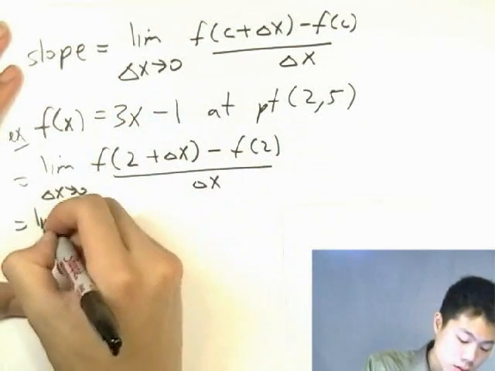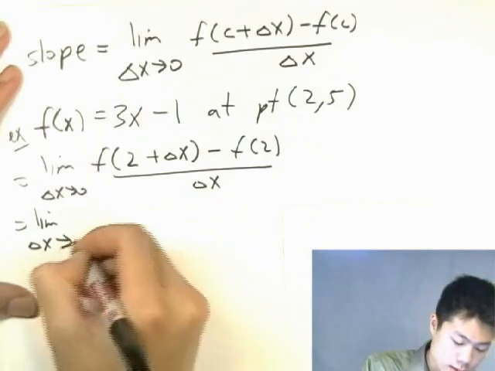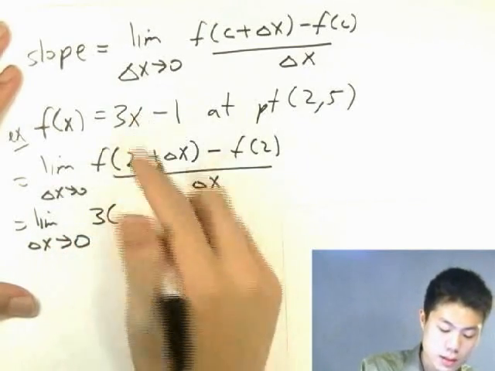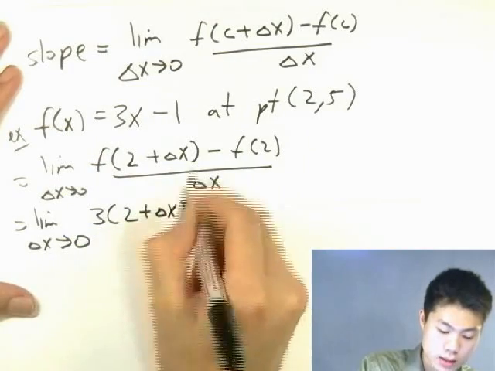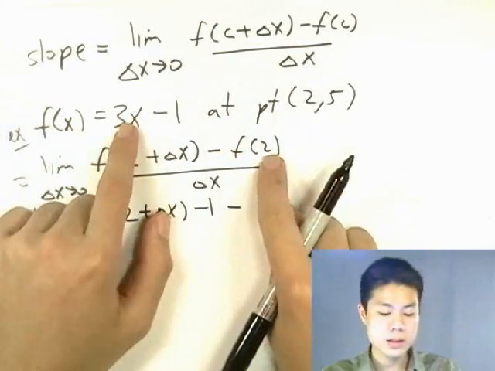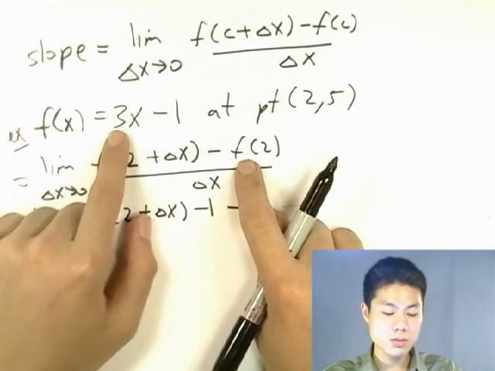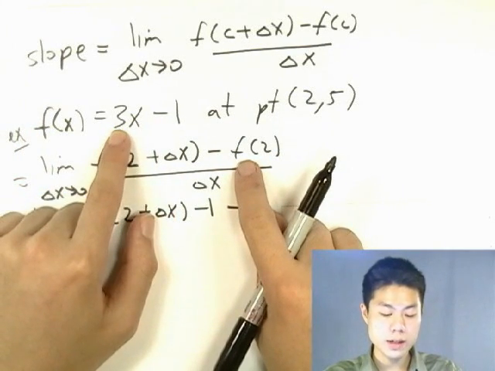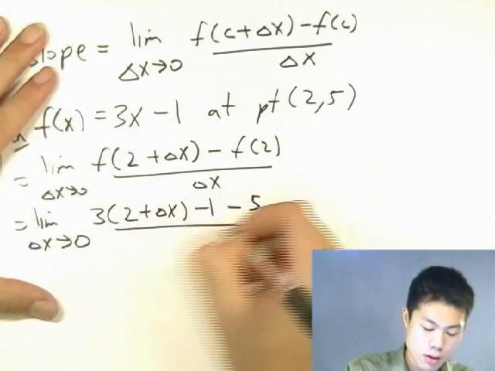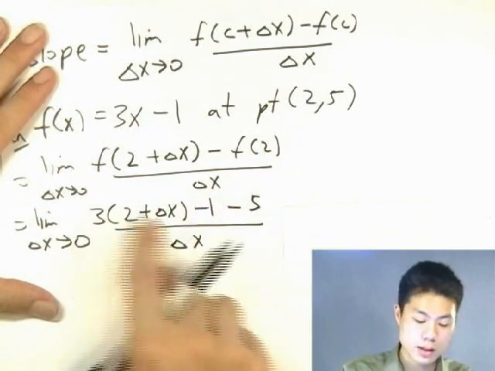So it's going to be the limit as delta x approaches 0 of 3 times 2 plus delta x minus 1, don't forget this part, minus, well, what is f of 2? It's going to be 2 times 3 equals 6, 6 minus 1 equals 5. Minus 5 all over delta x. Distribute the 3.